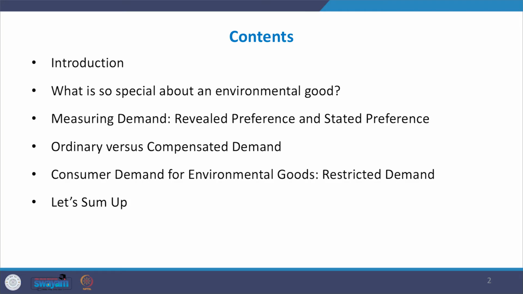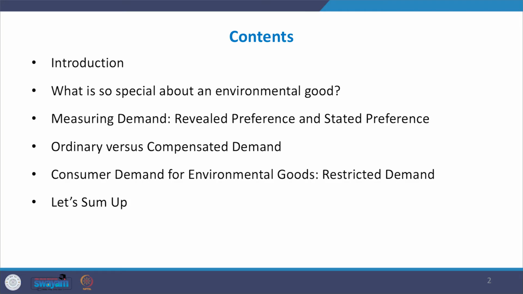These two approaches will be discussed in brief because separate discussion will be held when you will study about environmental valuation on these approaches. Then I will also explain you the two types of demand. One is ordinary demand and other is the compensated demand.